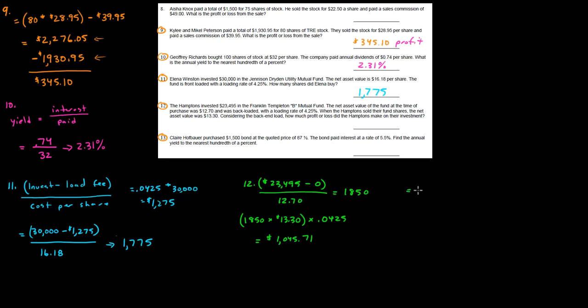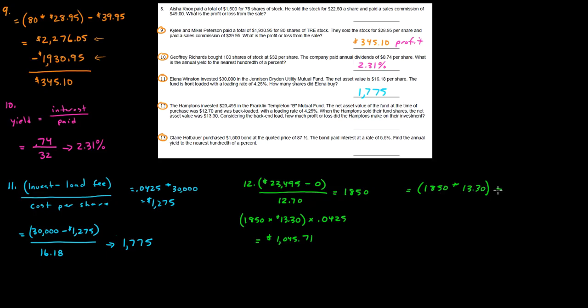So to find the net selling price, remember that's going to be the number of shares, which is 1850. So it's 1850 times the amount of each share, which is 13.30.